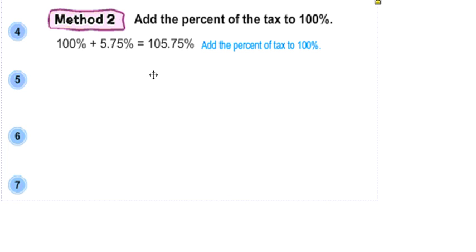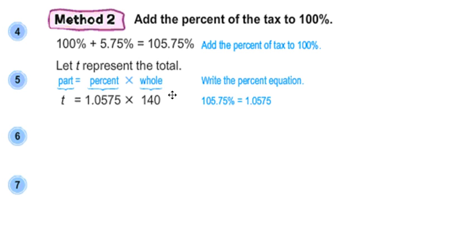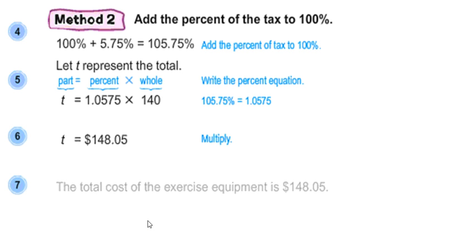Okay, so now what you're going to do is multiply your 105.75% as a decimal, that's 1.0575 times 140, and then we get $148.05. So either way, whether you did it using method 1 or method 2, the answer comes out to $148.05. So just to recap, the first method, we found the tax, then we added it at the end. Method 2, we added the percent and multiplied it times the original price.